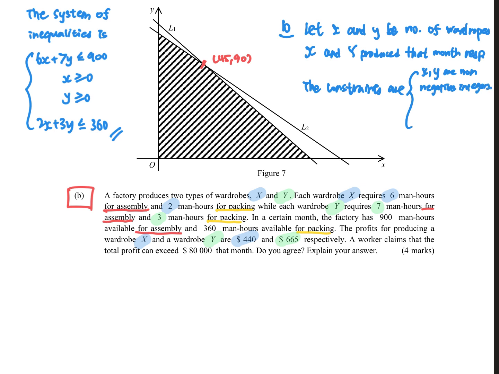And then by looking at the assembly part, we have 6x for assembly, and then 7y.